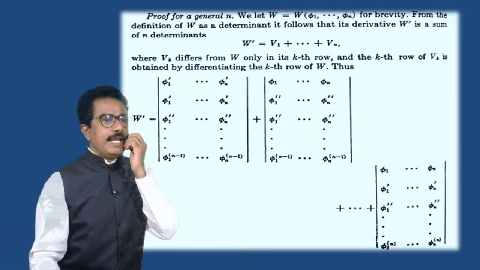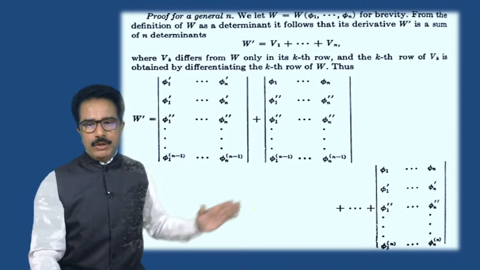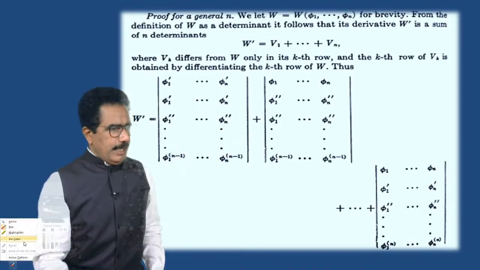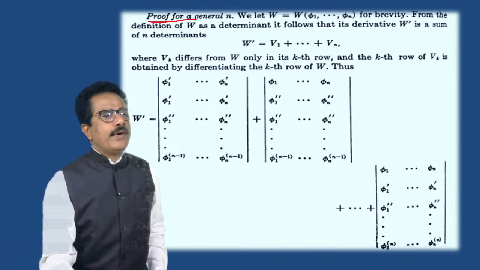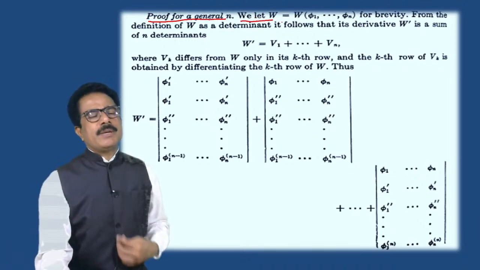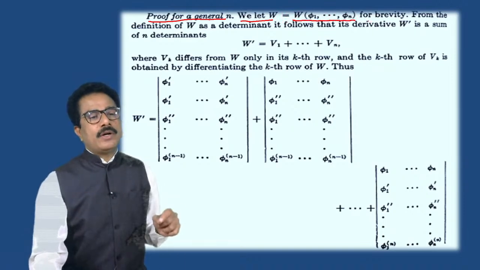Now see, next we have to generalize this up to n. This is an important theorem. Now the proof for general n. Let W be considered as the Wronskian of phi 1, phi 2, phi 3, up to phi n.